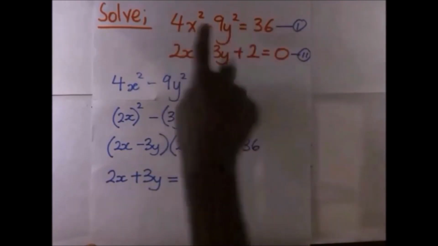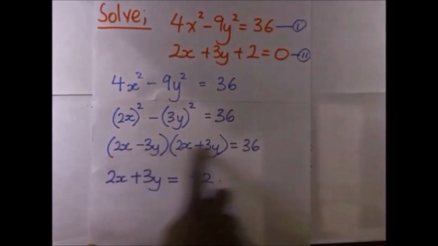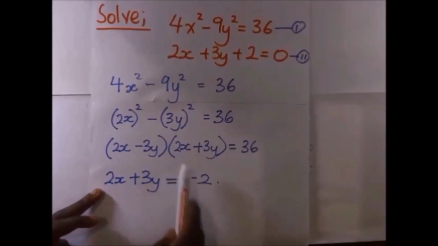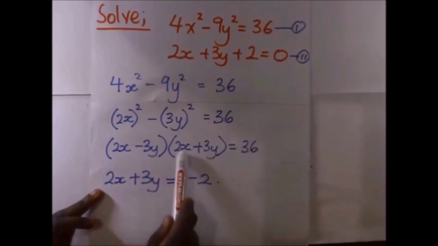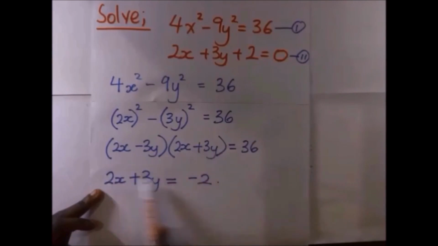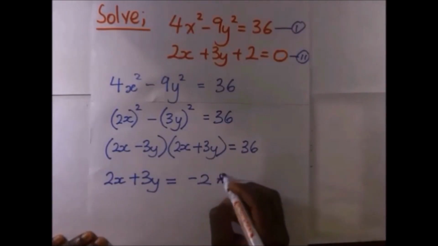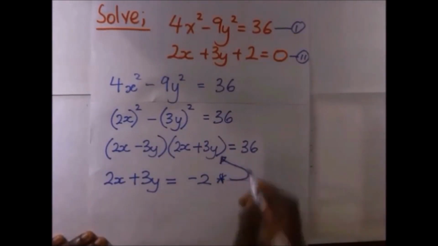So from our second equation, we are seeing that 2x plus 3y is equal to negative 2. And in our first equation, we have simplified it into this. So since 2x plus 3y is equal to negative 2, and yet in this equation we're having 2x plus 3y, we are substituting it into that.